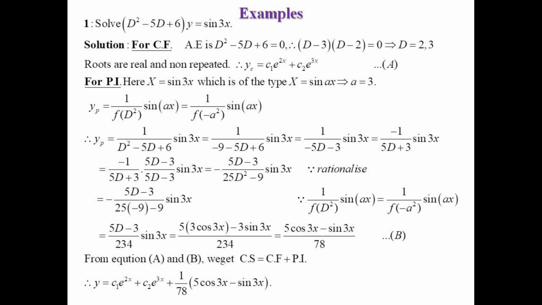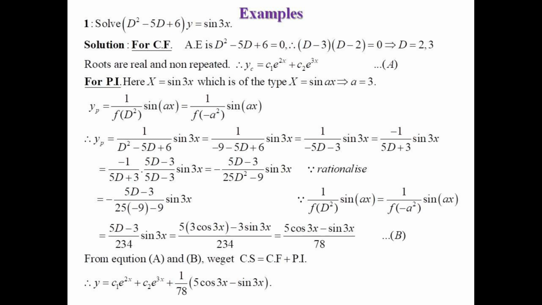Then directly write down the denominator without taking any product. After the formula we get the denominator as 25D square minus 9, into sine of 3x. This happened because of rationalizing the term, so that we get a D square term in the denominator.